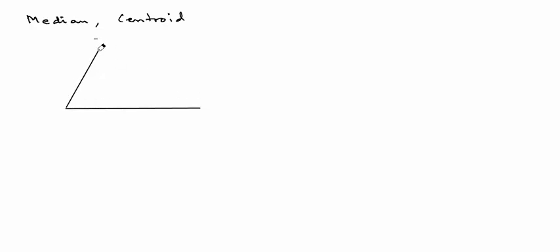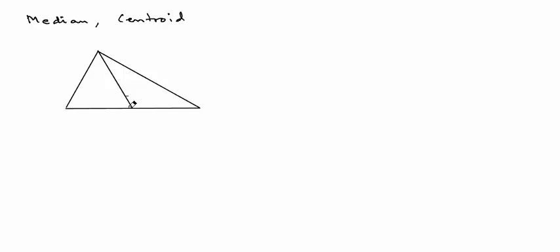In a triangle, you have something called a median and a centroid. Let's talk about the median first. Imagine you have a triangle. It can be a triangle of any type. And the median is a straight line that joins a vertex to the midpoint of the opposite side.